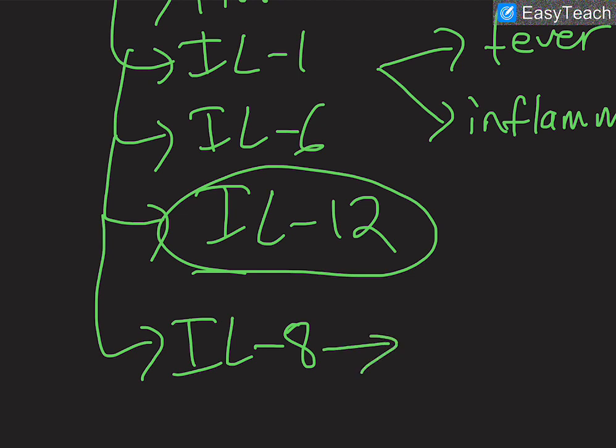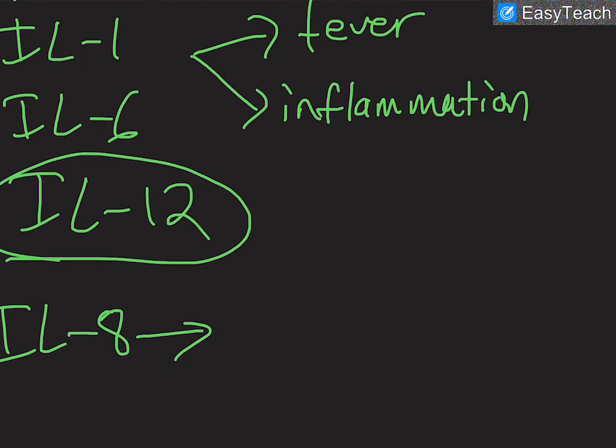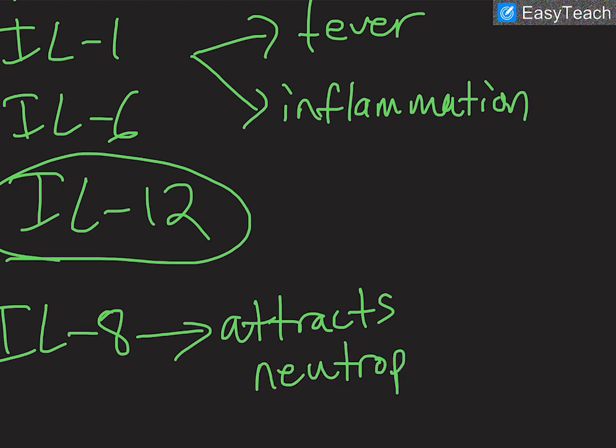And as we know, interleukin 8 attracts what? Neutrophils. It attracts and activates neutrophils. So neutrophils will then come to the site in our skin where the Borrelia burgdorferi got transmitted from the tick, and that's going to help fight off the bacteria.